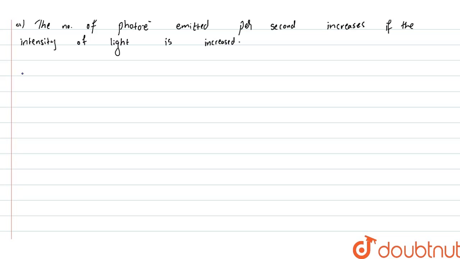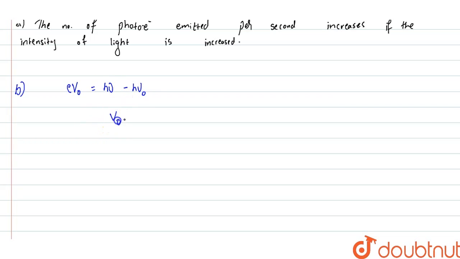So if we increase the frequency of the incident light, we see that they have more kinetic energy, and thus our stopping potential increases linearly with it. So we can write this as eV0, where V0 is our stopping potential, is equal to hν minus hν0, where h is Planck's constant and ν is the frequency.